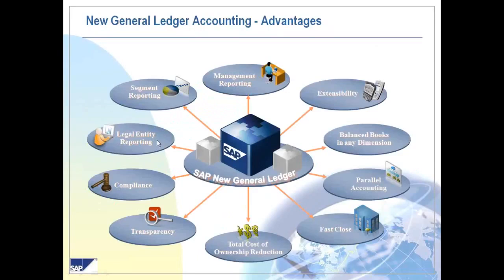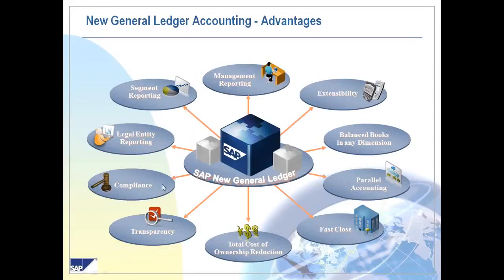For example, I want to draw the financial statement segment wise, profit center wise, or business area wise. So it is possible to draw the financial statement based on the entities in relation to the company code.